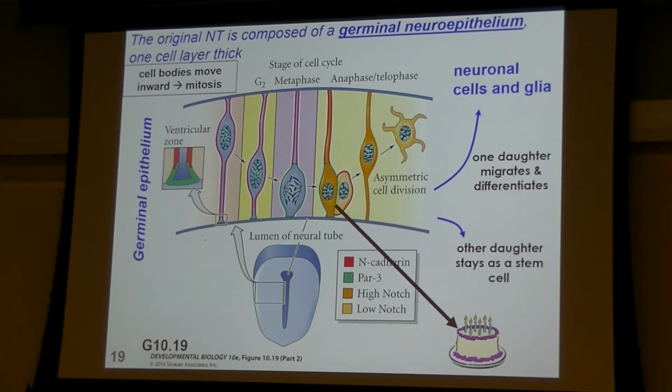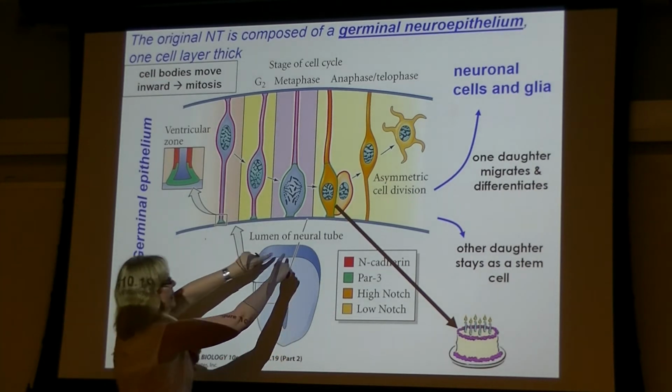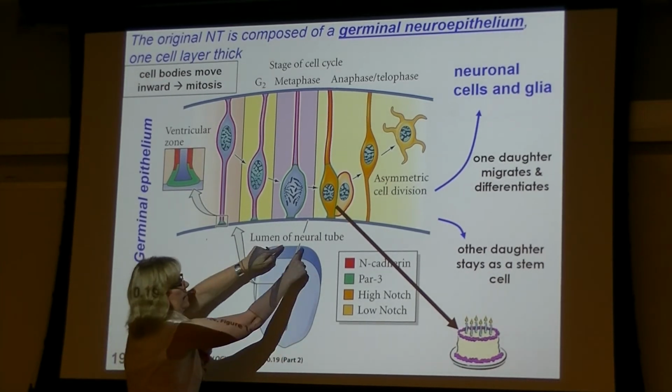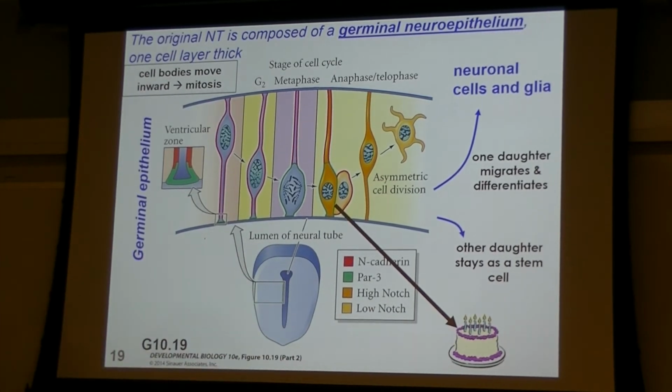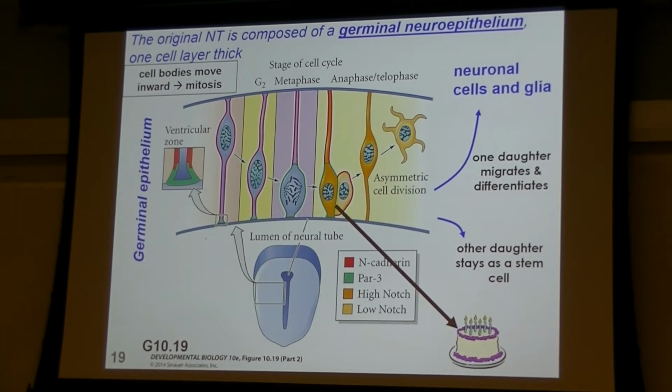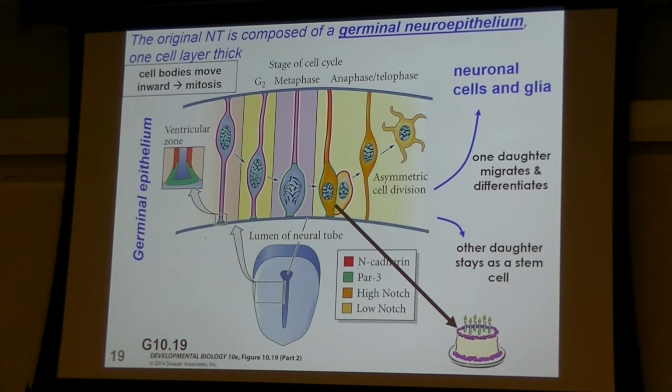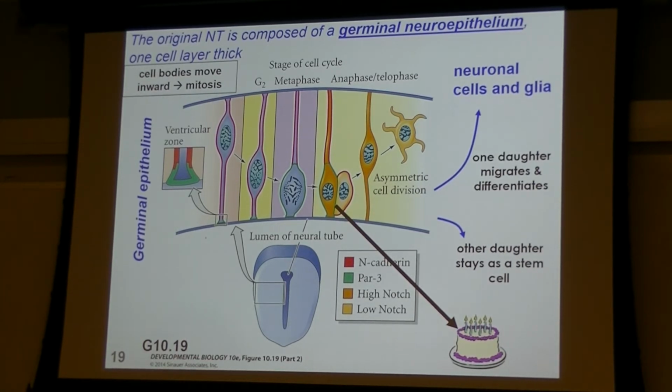One of the daughter cells is going to migrate out to further more peripheral locations and start to differentiate as a particular class of neuron or glial cell. So they're going to then be located external to this neural tube. So as time goes by, you get more and more waves of cells that have been born in the neural tube and are migrating outward to more peripheral layers. So let's see what happens to them.